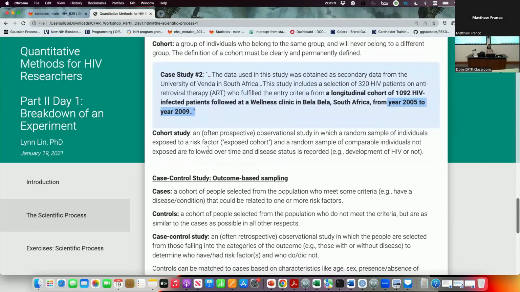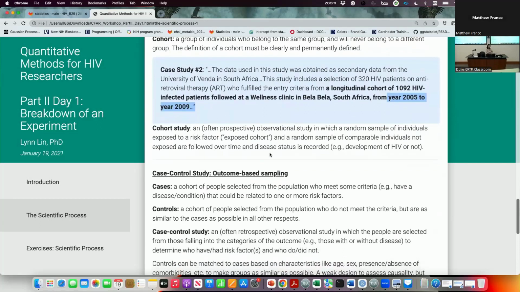And the cohort study, meaning that you will have 2 cohorts, right? One cohort is obviously a random sample of the individuals being exposed to a risk factor or some characteristic, basically. And there's another cohort of individuals that do not get exposed to that particular risk factor.